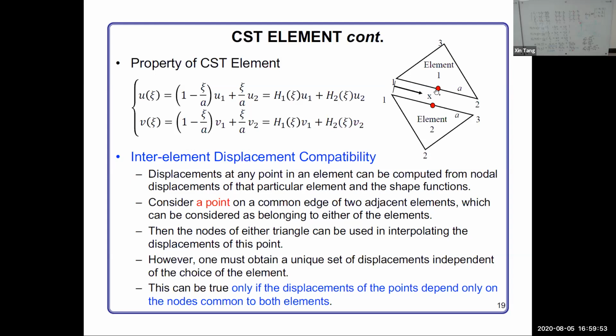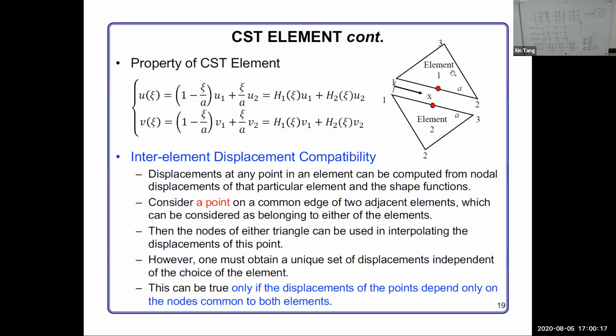So you can be assured that at this point you will have unique displacement values. But that's only for displacement, and that is called inter-element displacement compatibility. That is satisfied.